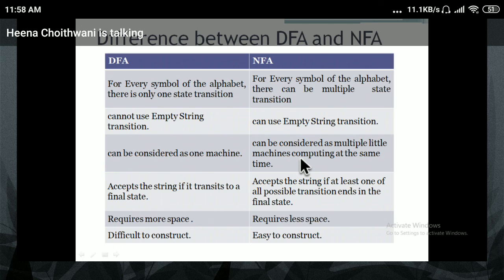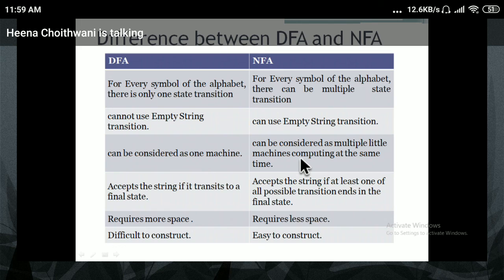Acceptability criteria for a DFA क्या है? It should start with the initial state and it should stop in the final state. That is the criteria for accepting any string with respect to a DFA. Now, if you are trying to accept a string using an NFA, the criteria is that at least once the string should pass at the final state.